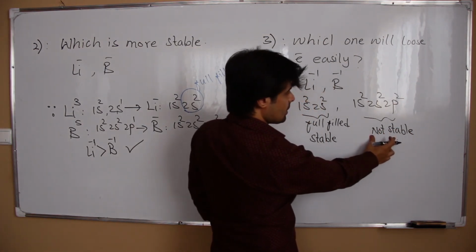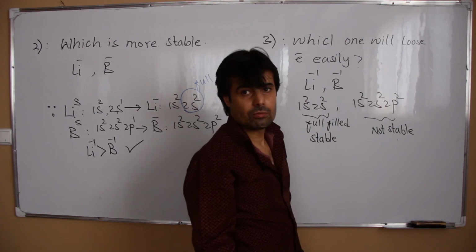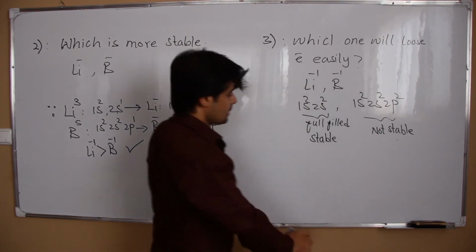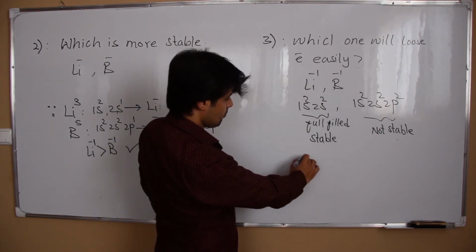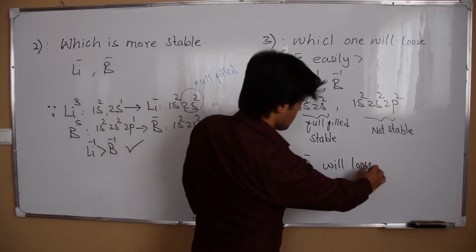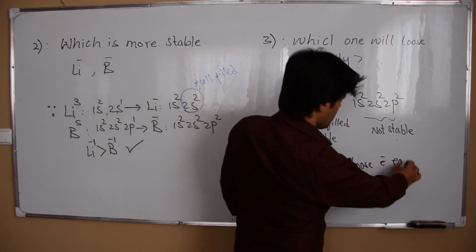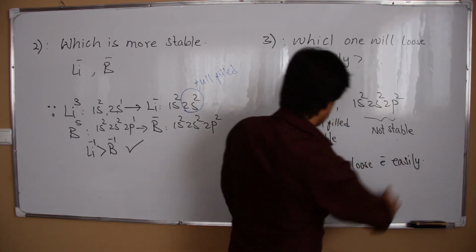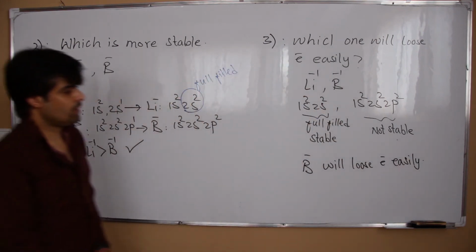If it is not stable, it will lose an electron very easily. So boron minus will lose an electron easily compared to lithium minus.